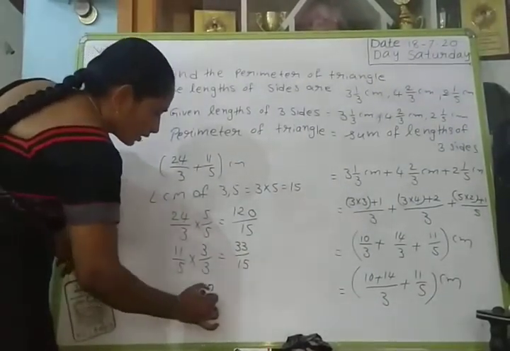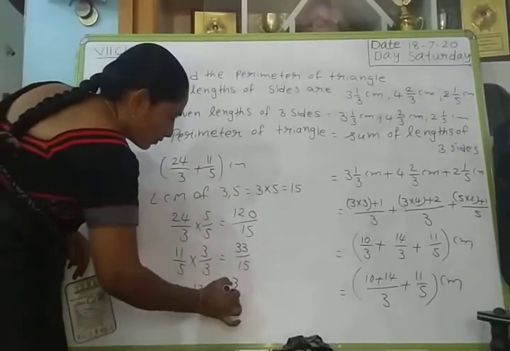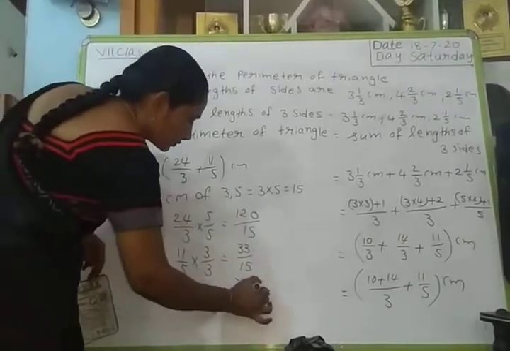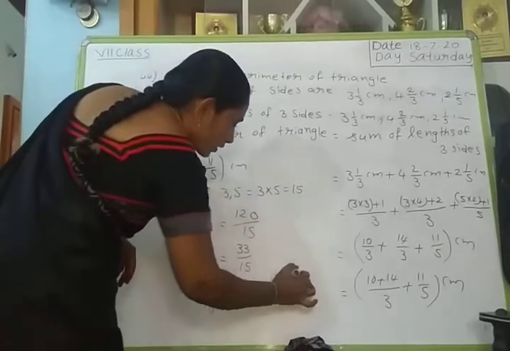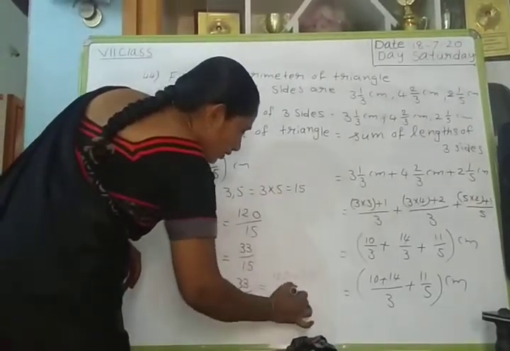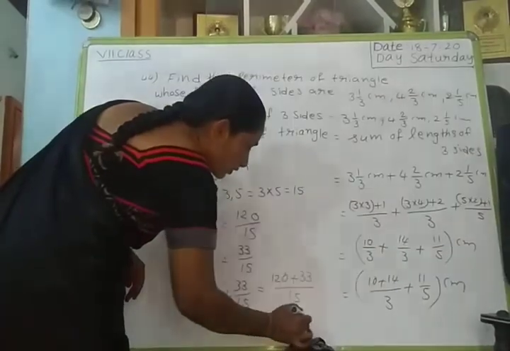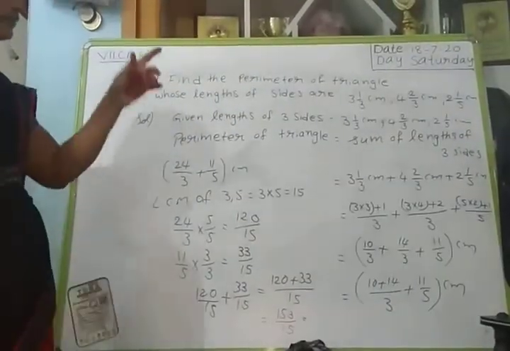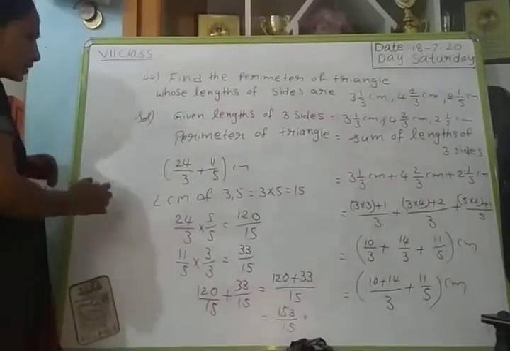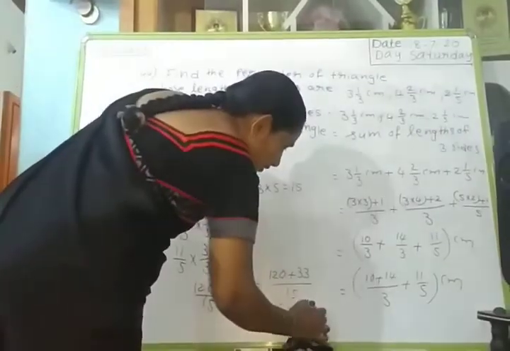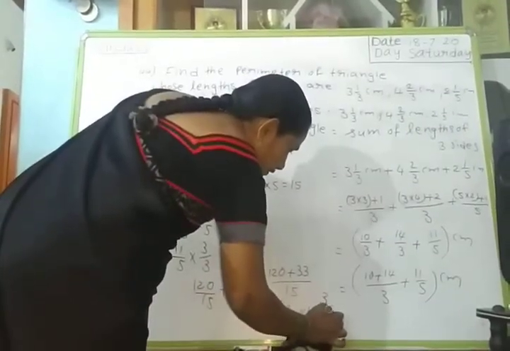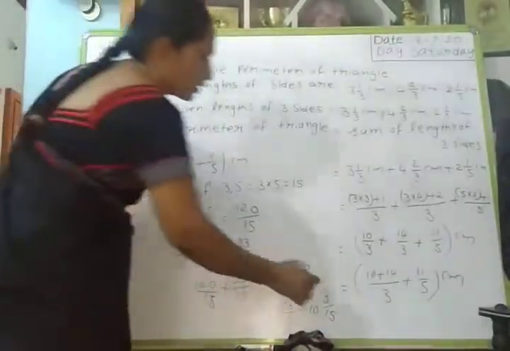So 120 by 15 plus 33 by 15, 120 plus 33 by 15, 153 by 15. If you convert into a mixed fraction, 15 tens are 150, remainder 3, you will get 10 3 by 15 centimeters.